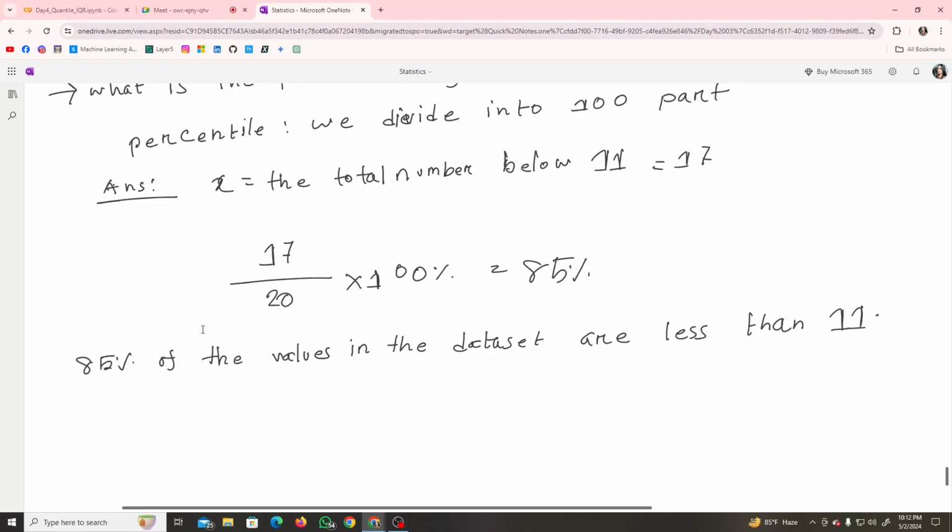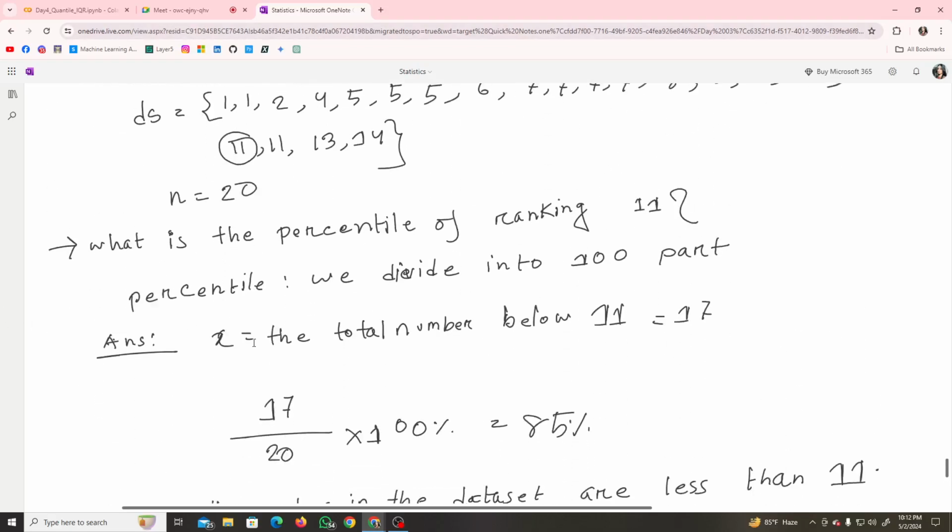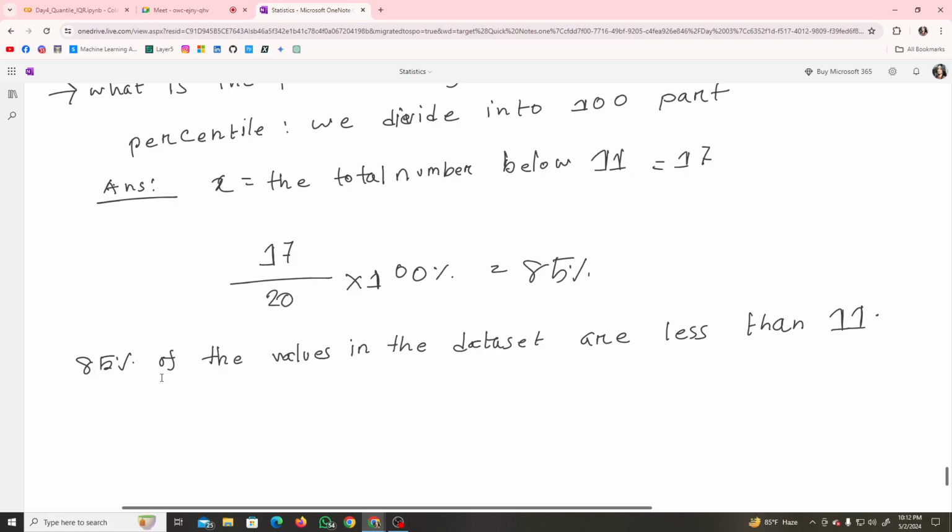So do you get my point? By percentile, we get the percentage of data that is below that number that is given in the question.